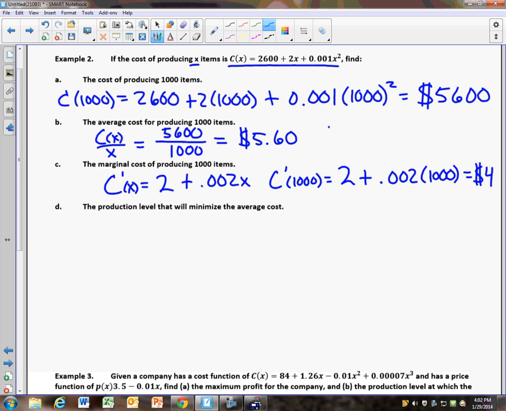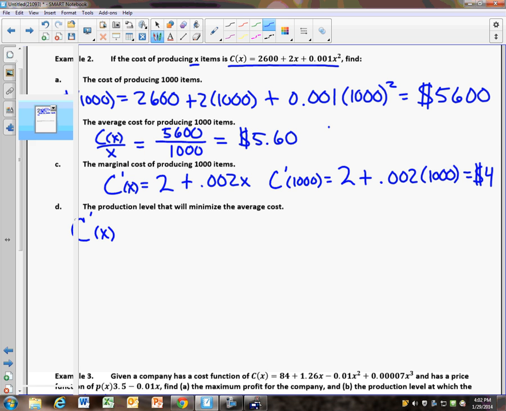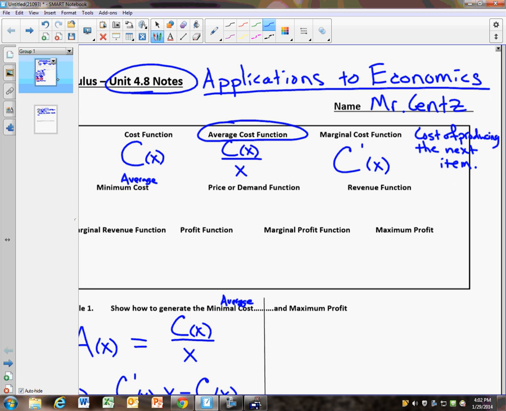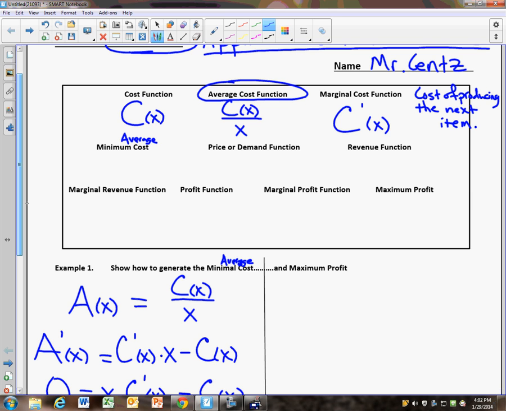So now we get to the main question, the production level that will minimize the average cost. We said in order to minimize the average cost, if we go back to this other side, that's when C prime of x is equal to C of x over x.